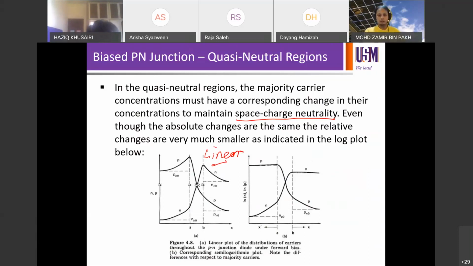And we normally use the log plot, the semi-log plot. So is it the log of p or log of n, right? And they look like this, exactly like the profile we discussed all this while.